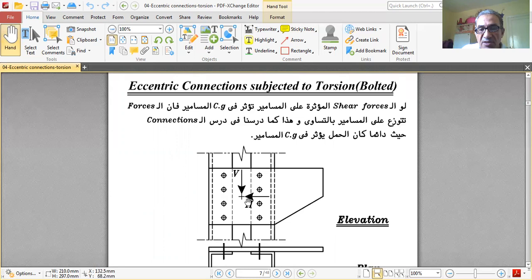So the bolts take the forces equally. Each one is taking the force in the B direction and the H direction divided by the number of bolts. This is what we studied before, in case the forces are acting at the CG of the bolt group.